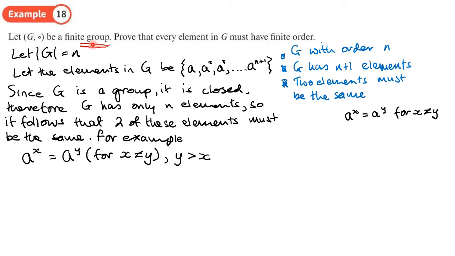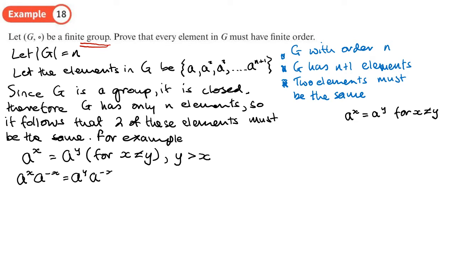Now, since we've been told this is a group, then it means that every element has an inverse. So the inverse of this would be a to the power minus x. I'm going to do that to both sides. So I'll have a^x times a to the power minus x, and then I'll do the same to the other side.